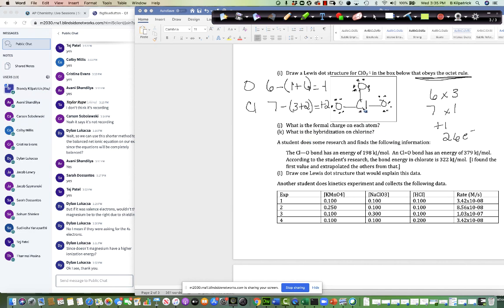Because what you want for formal charge is you want all of them to add up to the charge of the molecule. You also want to give the more negative formal charges to the more electronegative atoms, and you also would like your center to have a formal charge closer to 0. Okay?